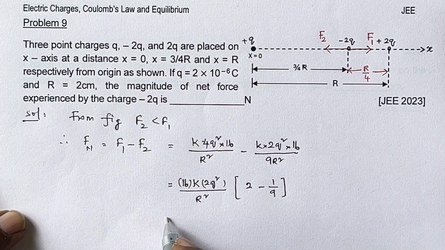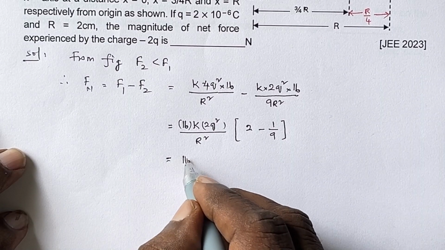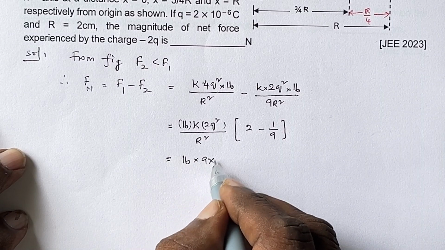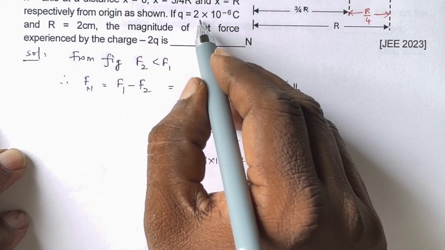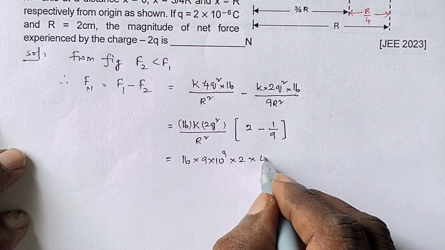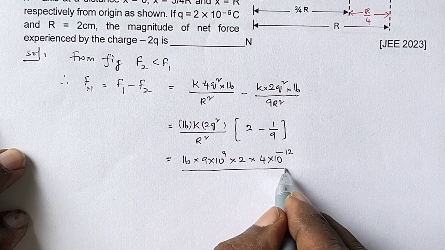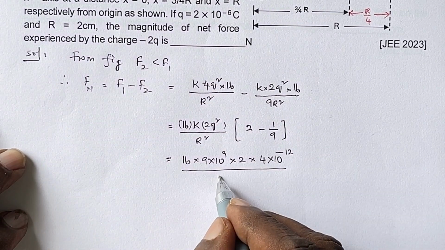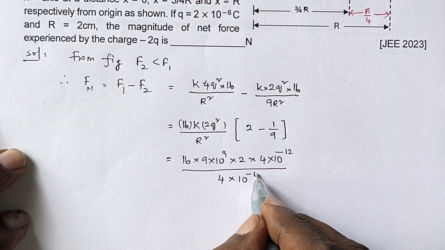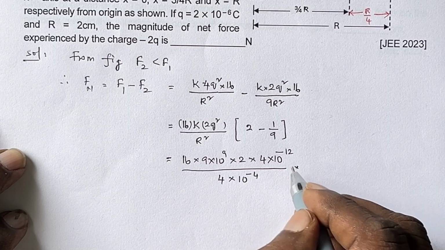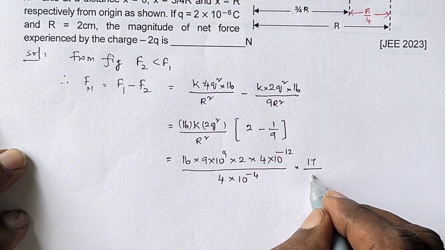So let us write the values here. 16 K, value 9 into 10 to the power of 9, 2 into Q square. Q is 2 into 10 to the power of minus 6, Q square is 4 into 10 to the power of minus 12, by R value is 2 centimeter. So 2 centimeter square is 4 into 10 to the power of minus 4 meter square, into here 9 twos are 18 minus 1, 17 by 9.